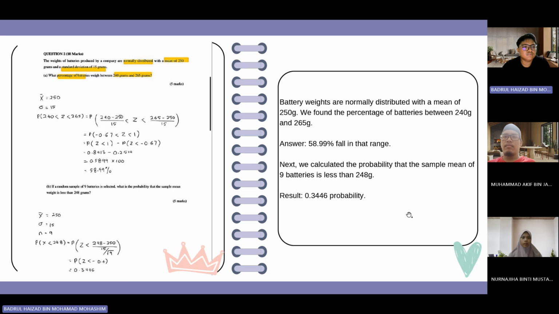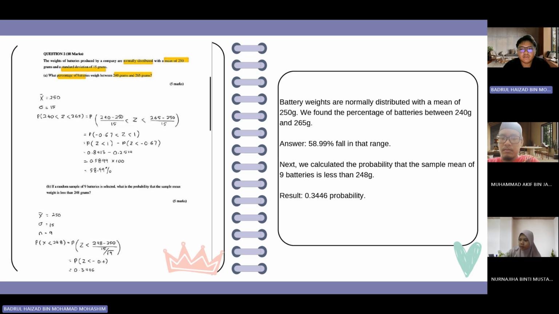Okay, for question 2, the weight of batteries produced by a company are normally distributed with a mean of 250 grams and a standard deviation of 15 grams. So for question A, the mean is 250, then the standard deviation is 15.